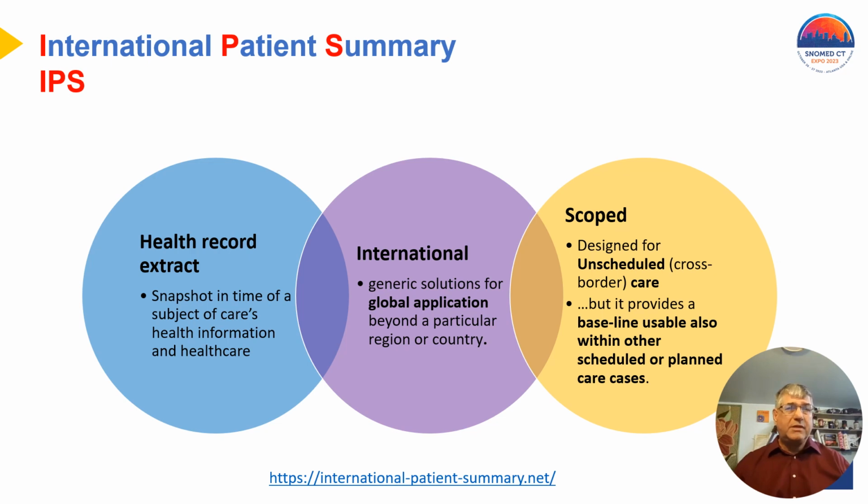Although originally designed for cross-border unscheduled care, the IPS has also been implemented to support both scheduled and unscheduled care within a particular country, crossing other boundaries such as provinces, states, cities, and even organizations. Although designed to ensure global adoption across national boundaries, the IPS has been recognized as a useful tool to support care.